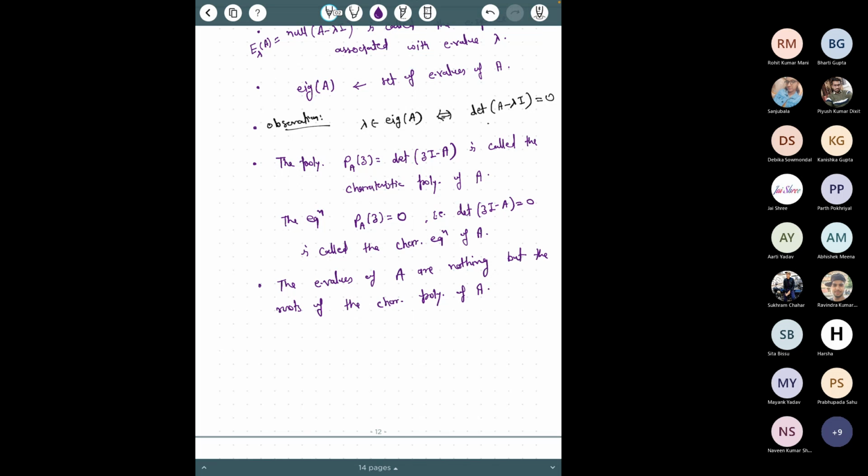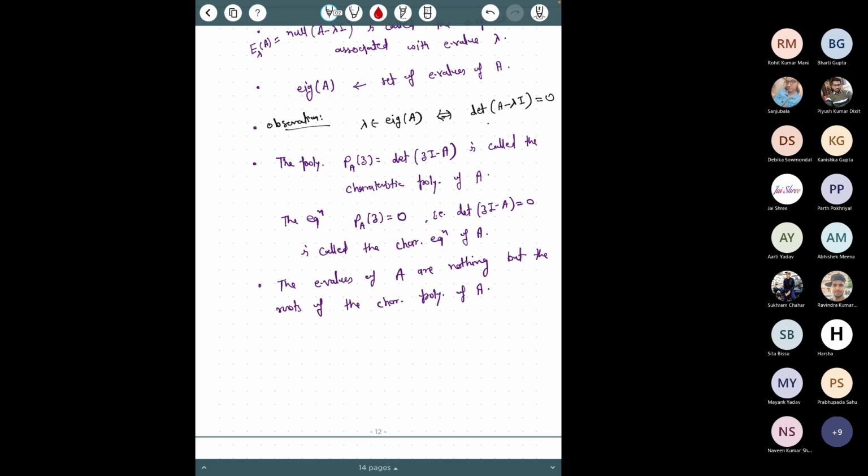Because you can check that similar matrices have the same characteristic polynomial, and hence the same eigenvalues, because eigenvalues are nothing but the roots of the characteristic polynomial.